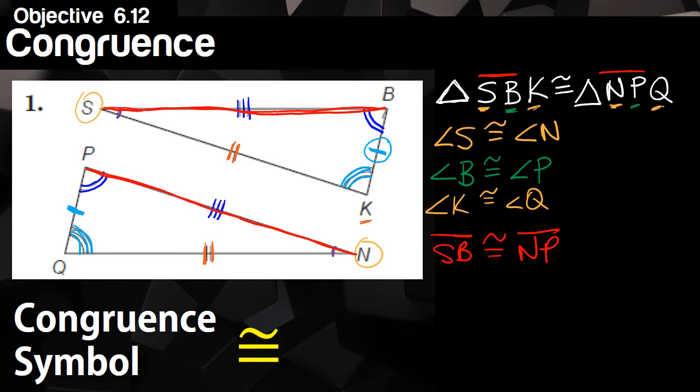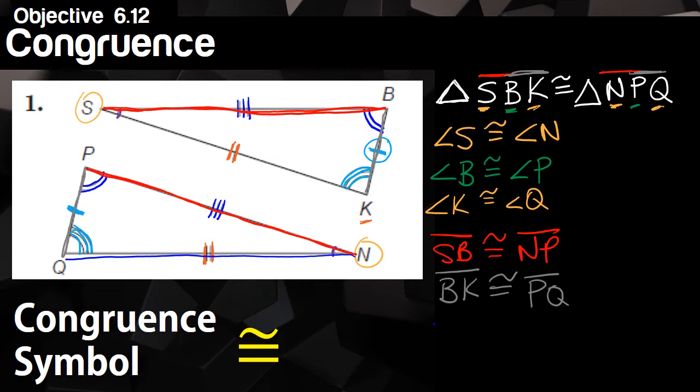And we can keep going on, figuring out some more information about the sides. Let's talk about BK right here with the one hatch mark. We can say that line segment BK is congruent to the line segment with the one hatch mark, PQ. And our triangle has three sides, so we have one more side to deal with. We have NQ right along the side here with the two hatch marks.